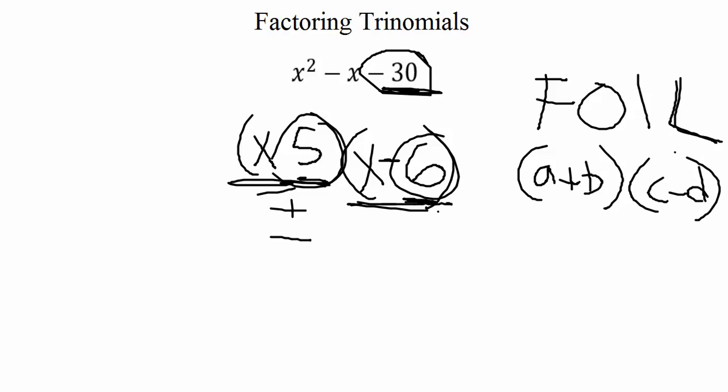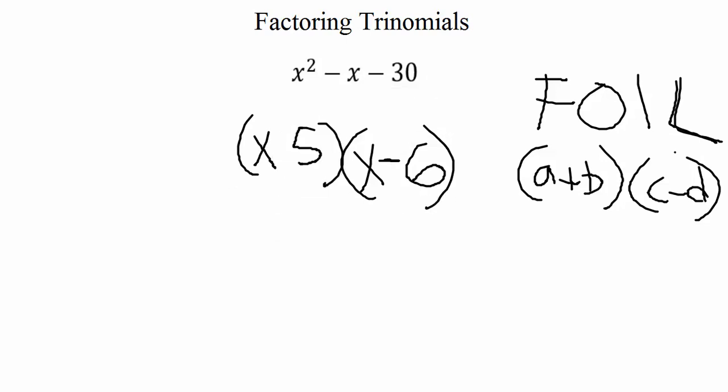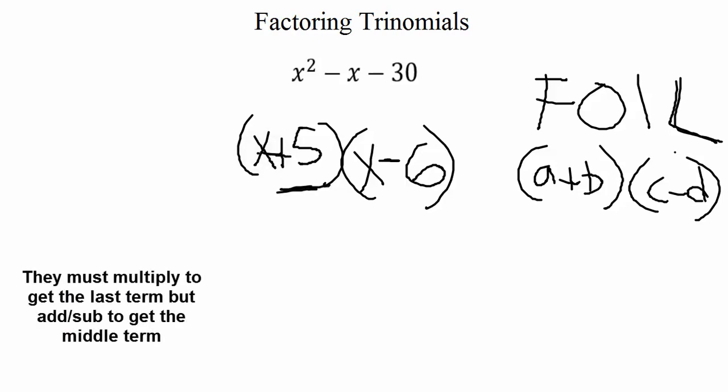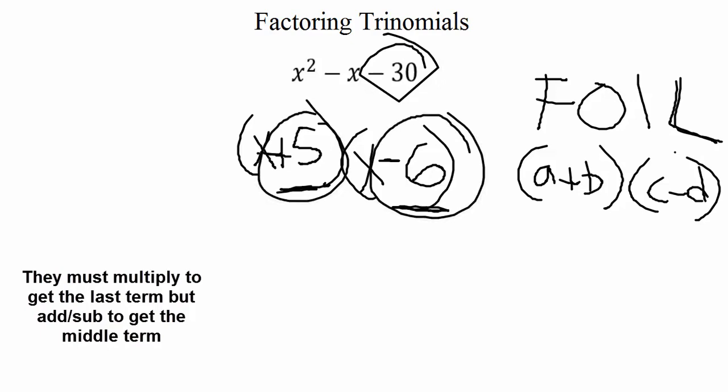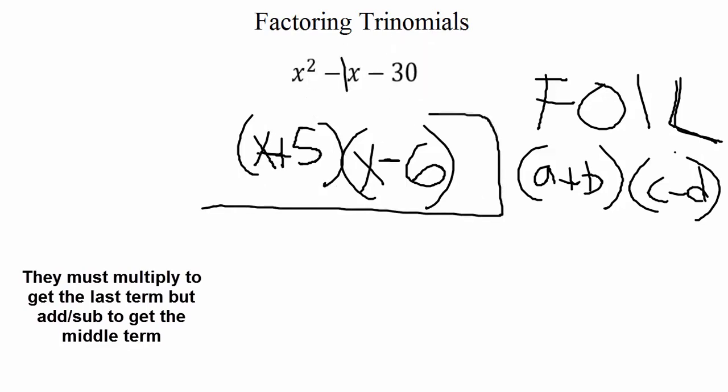A negative times a positive is negative, whereas a negative times a negative is positive. We want the one that gives us a negative, so we need the negative and positive combination. Therefore, we need to put a plus over here. To double check, a positive 5 times a negative 6 is negative 30, and a positive 5 plus a negative 6 is a negative 1. So this is the solution.